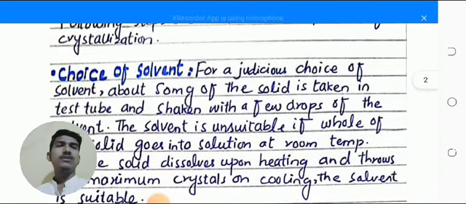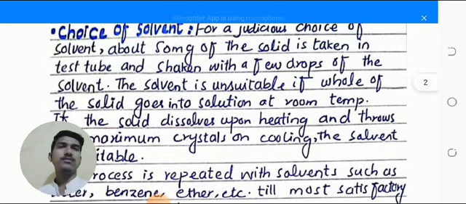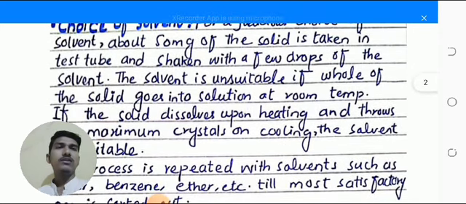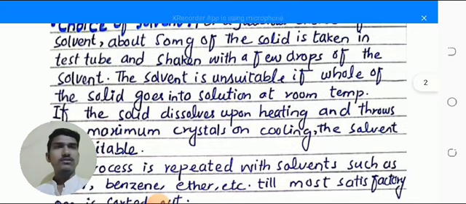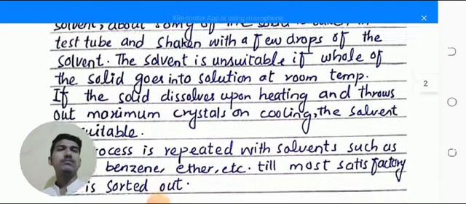Choice of solvent. For a judicious choice of solvent, a small amount of the solid is taken in a test tube and shaken with a few drops of the solvent. The solvent is unsuitable if the whole of the solid goes into solution at room temperature.